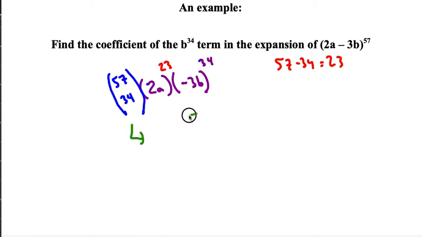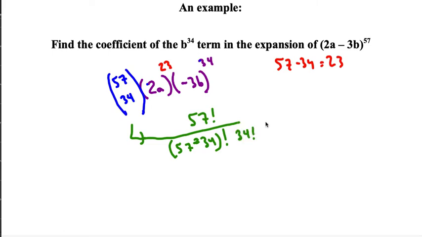So this would be, using a formula, 57 factorial over 57 minus 34, then factorial, times 34 factorial. Now the factorial is the same as saying 57 times 56 times 55. There are buttons on the calculator you can use for that. If you don't have a calculator and you just want to leave your expansion like that, as your answer, that's fine.